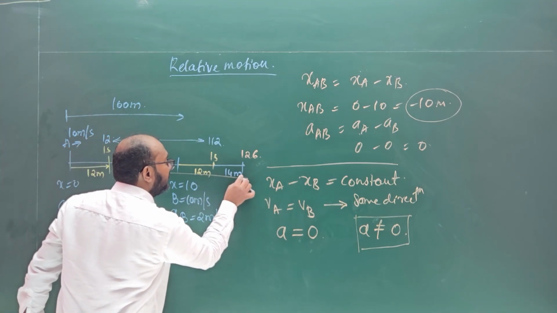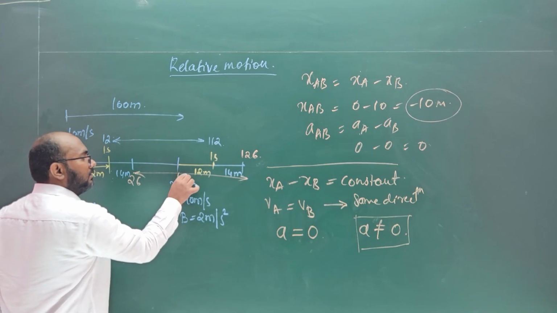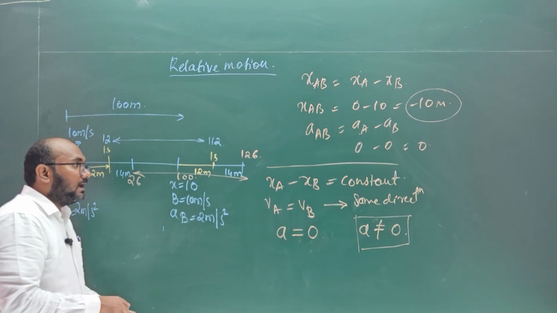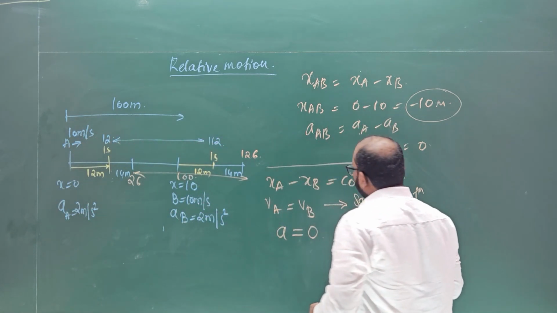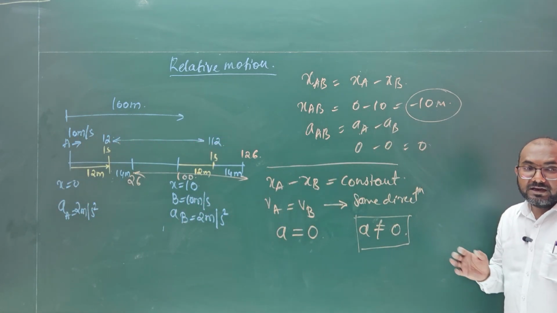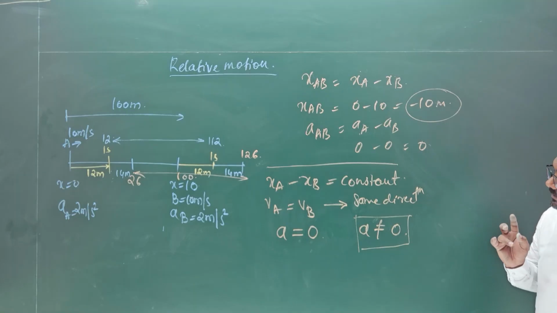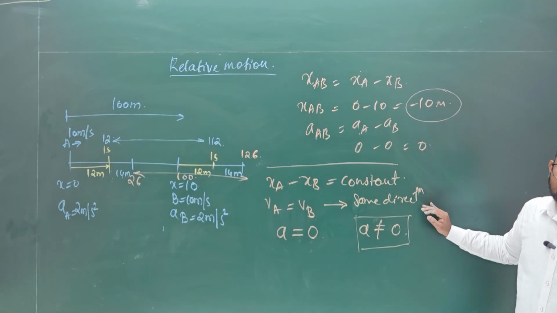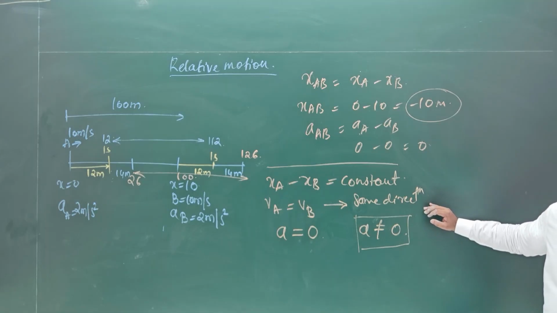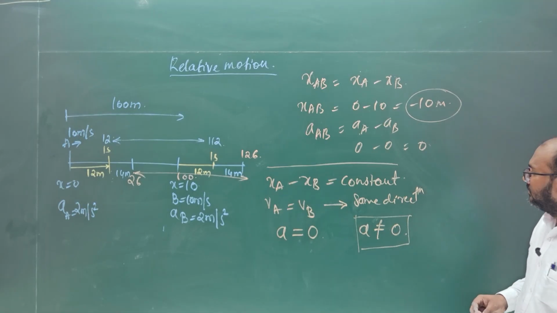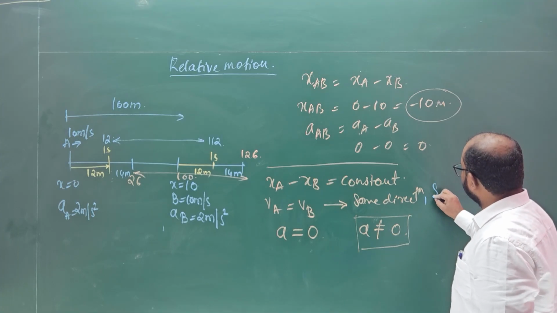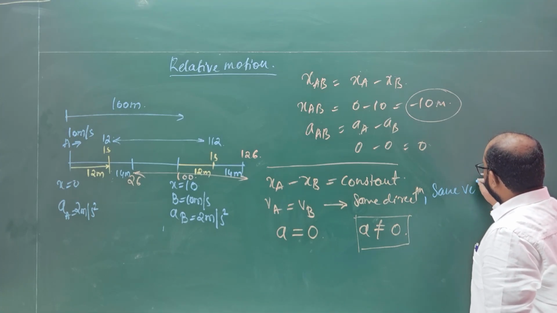Still, what is the distance between them? 100 only, right? So can I say that these conditions are only applicable? That means xA minus xB is equal to constant. Can I say that this implies vA and vB must be moving with the same velocity and in the same direction?